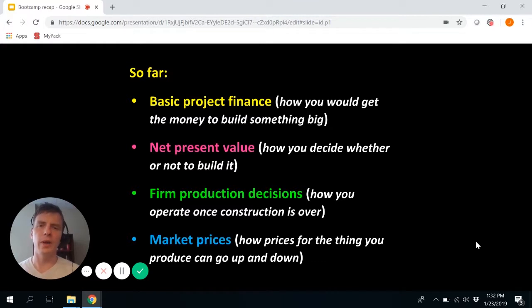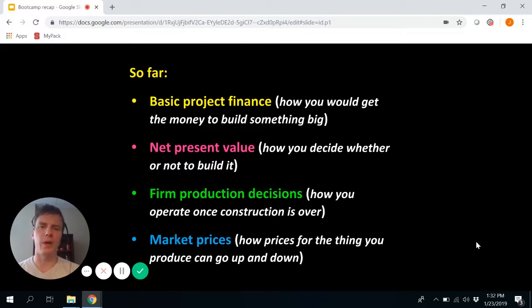So let's go back to the beginning of the course and recap what we've done. We started out talking about basic project finance. In other words, how a firm would acquire the money to build something really big, for example, an electric utility that wants to build a power plant.